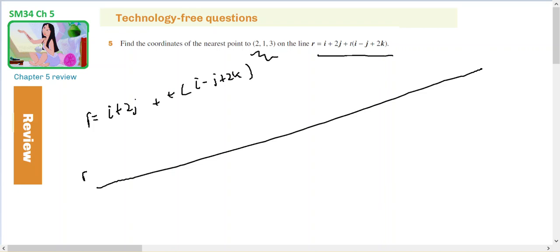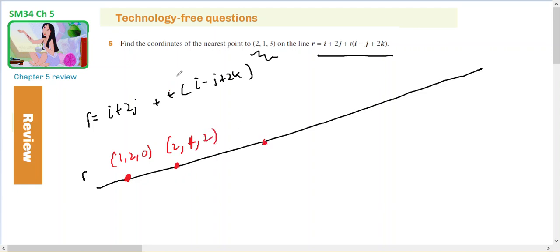So to unpack that a little bit, when t is 0, then there is a point on this line which is i plus 2j, or (1, 2, 0). There are other points on this line. For example, when t equals 1, that's i plus i, so that's 2 in the i, minus 1 plus 2, plus 1 in the j, and 2 in the k.